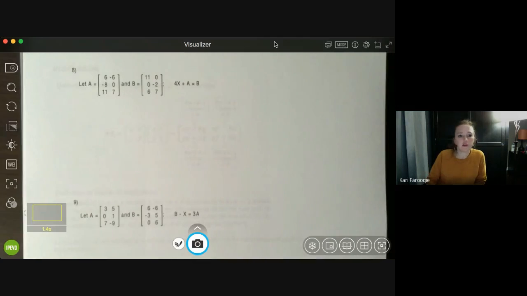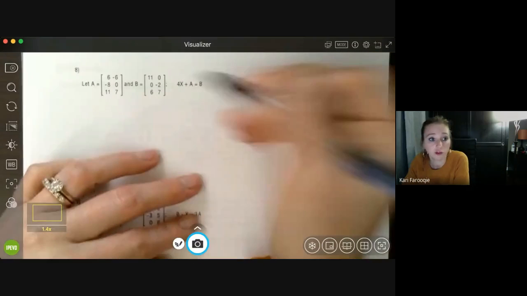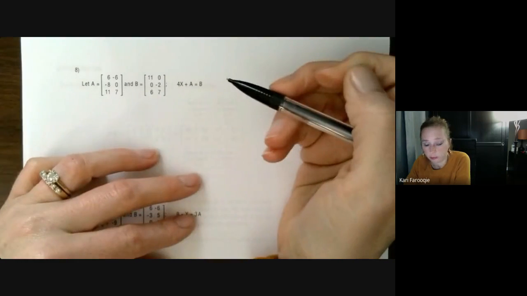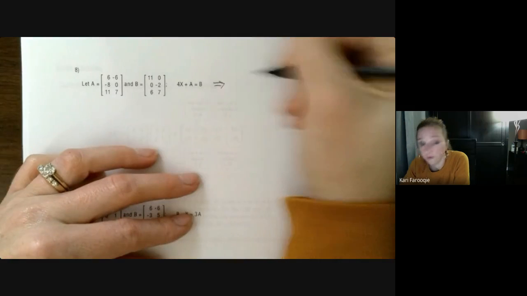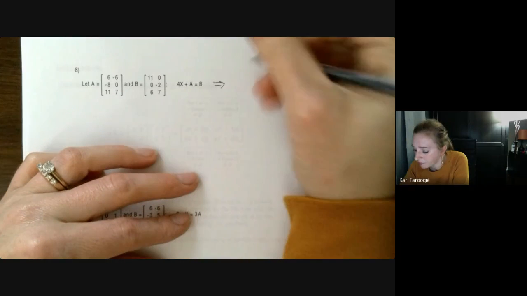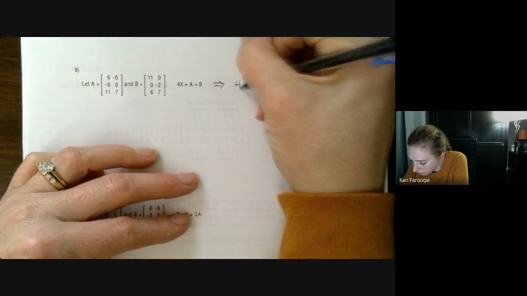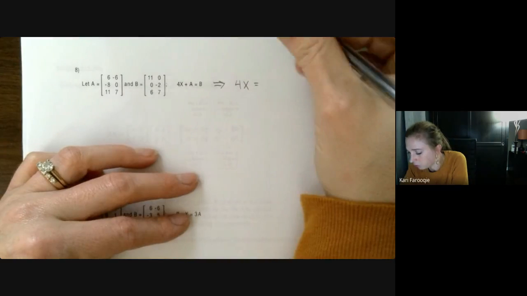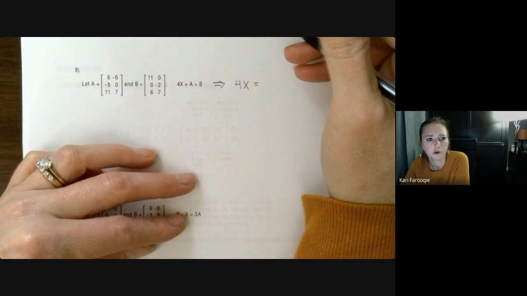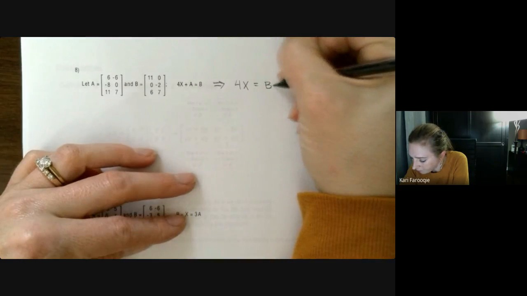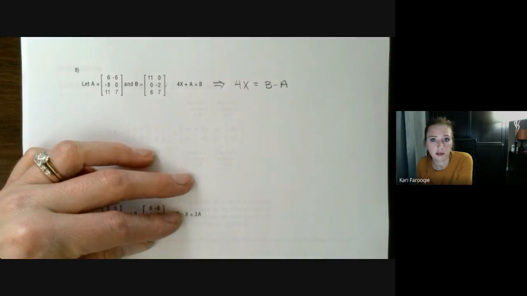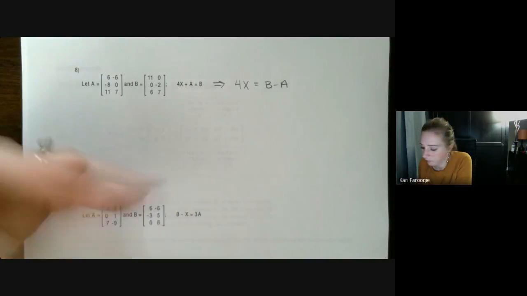Number 8 is another equation. For number 8, you have a coefficient on x, which is fine. I still think that it would be best for you to solve for x before you do anything with your matrices. So looking at your equation, simplify this out to solve for x. You'll have 4x equals b minus a, and you don't actually want 4x, you want x.